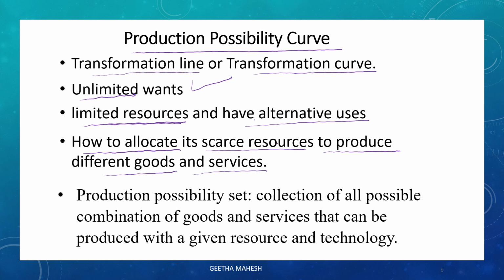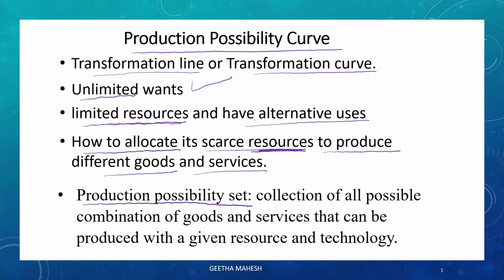Let us assume that the resources are given and technology is given. With this, the economy can have n number of combinations of different types of goods and services. That is referred to as the production possibility set.